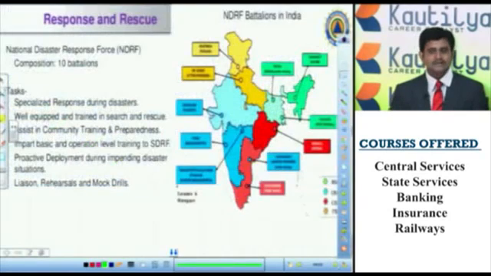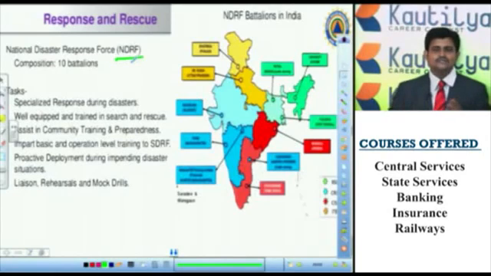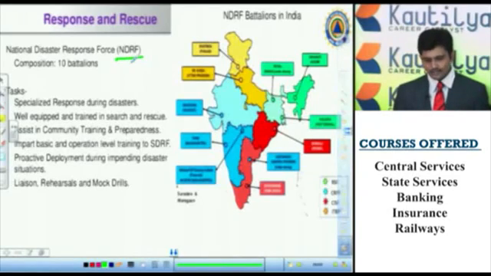And next are the other institutional infrastructures which help in handling these disasters, and among them the prime one is the National Disaster Response Force. It is a combination of 10 battalions which have been trained for the different disasters, and these forces have been established at different places across India.